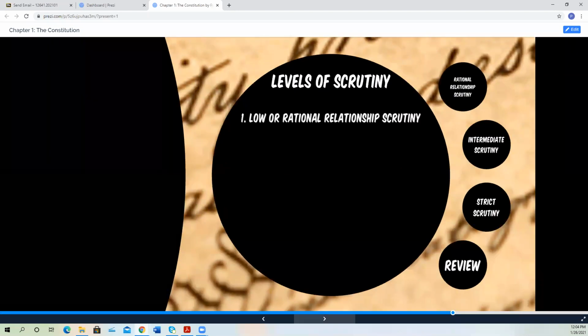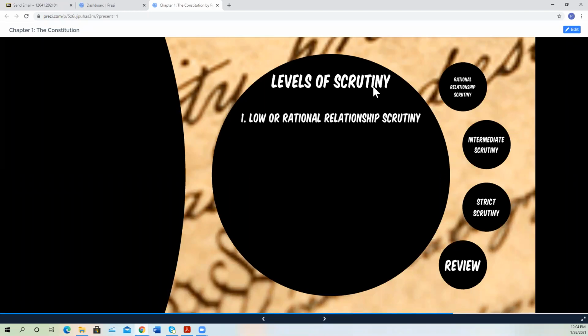And what is level of scrutiny? Level of scrutiny just means the standard that's applied. It depends on the who, and that will determine the level of scrutiny that a court is going to look at to determine if the Equal Protection Clause was violated. So there are three levels of scrutiny. The first is what we call low or rational relationship scrutiny.